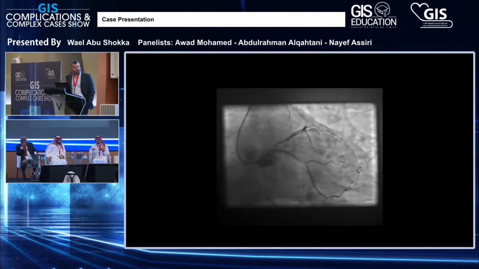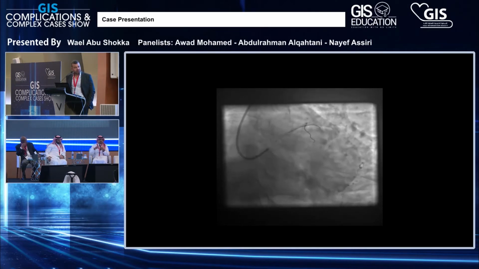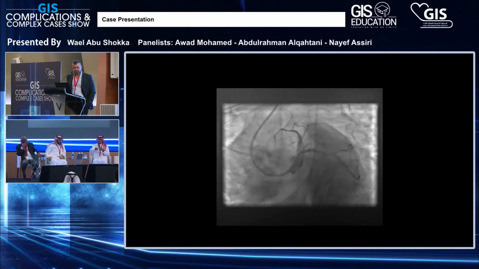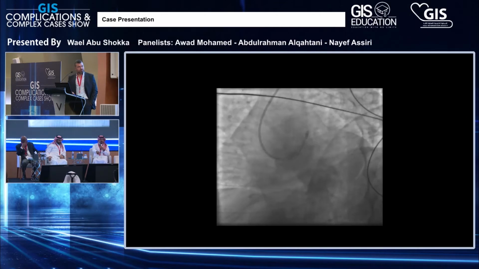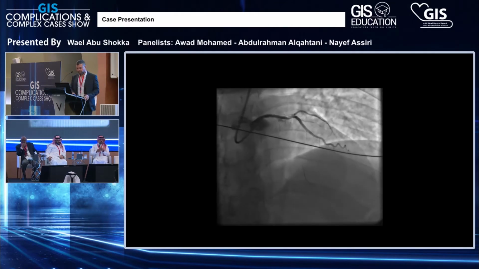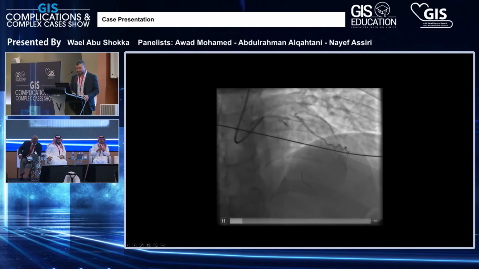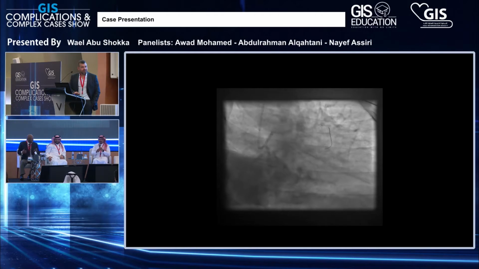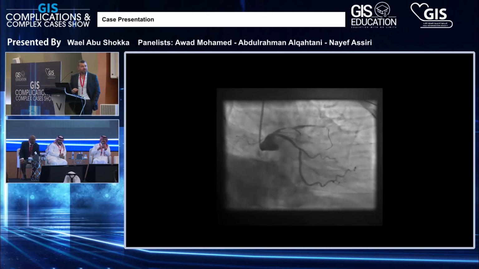He showed his OCT before, and the stent is well apposed, but not well expanded. There is a segment in the mid where, even though you show the average of 116%, you're still not fully expanded.